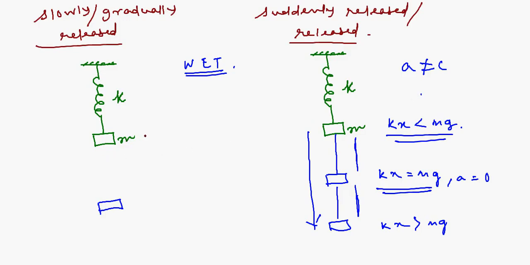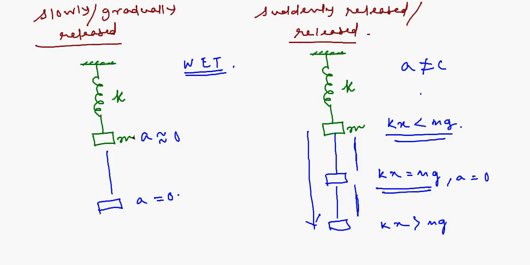In this case, here the acceleration is approximately 0. Same case happens, here it is equal to 0. We can still use work energy theorem here, where the acceleration is constant or is equal to 0. But the only thing is, we are not using it because of insufficient information about the external force.